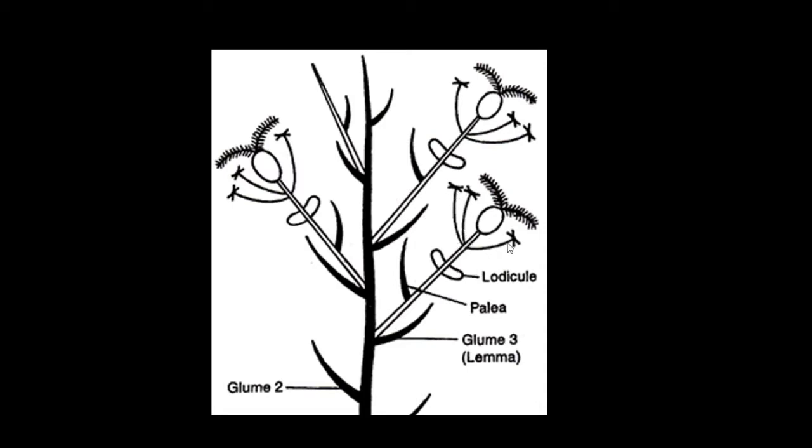This is the androecium, this is the gynoecium. This minute flower is known as a floret. So this is a spikelet. So the inflorescence is a panicle of spikelets.